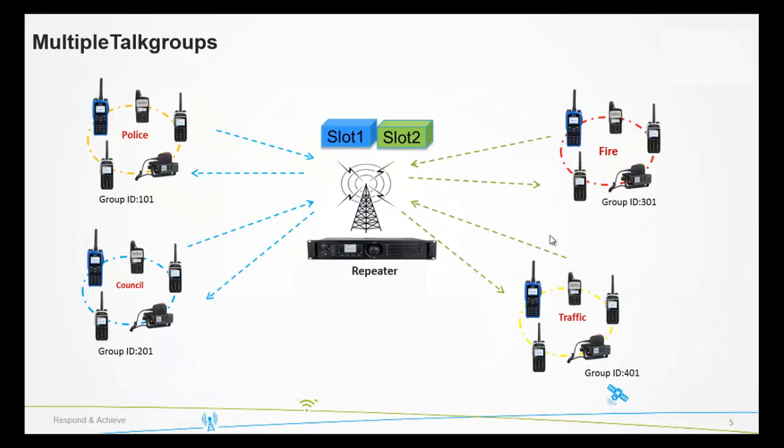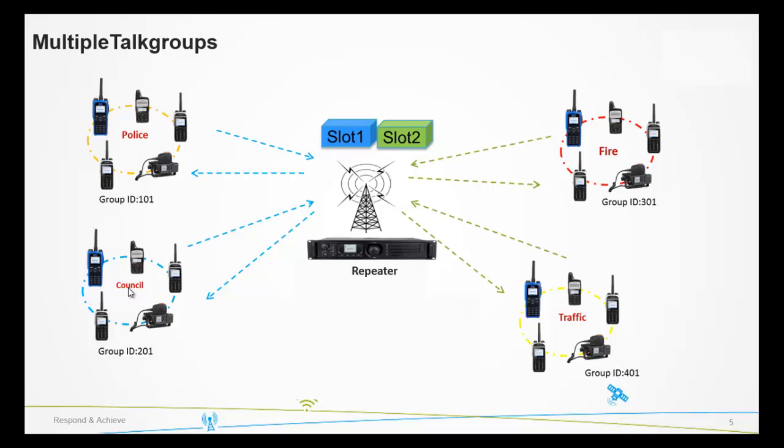capacity. So you can now create multiple talk groups and use the different slots, slot 1 and slot 2, to contact other groups, or to contact another radio from the same group. For example, a radio in the police can contact the traffic group, while a radio in the fire can contact the council group, depending on the programming.